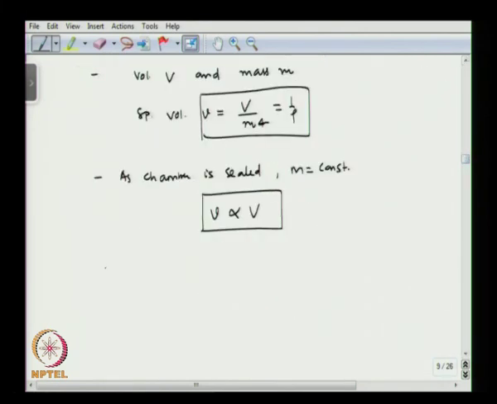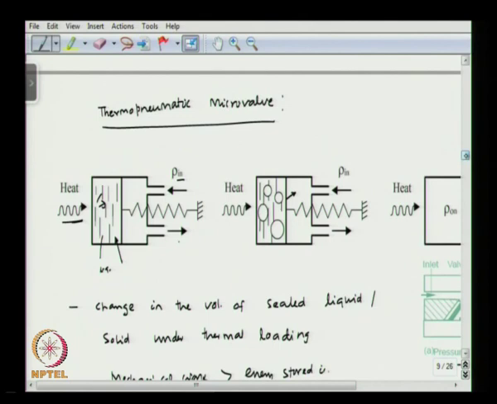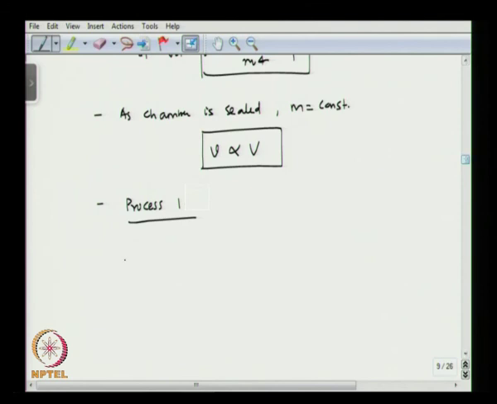So, now let us look at 3 different processes that we see here. Let us say process 1. Here there is no vapor phase. It is still liquid and there is a change in the temperature. So, in that case the thermal expansion coefficient will come into play. The change in the volume delta V is going to be V0, which is the initial volume, times gamma f, which is the thermal expansion coefficient, times T2 minus T1.